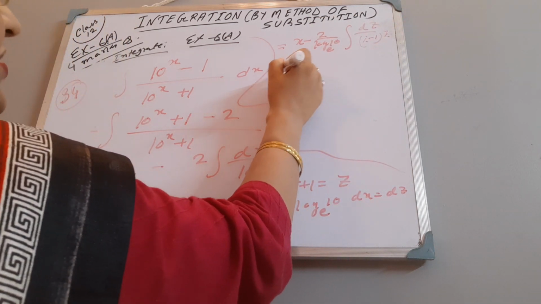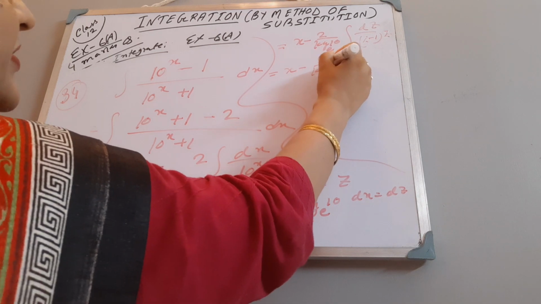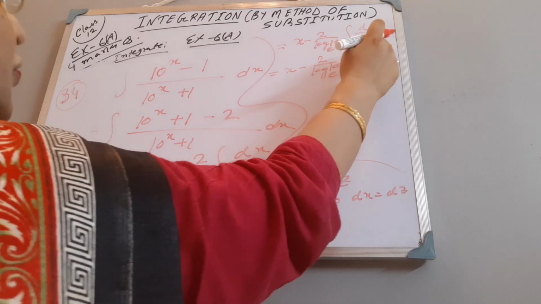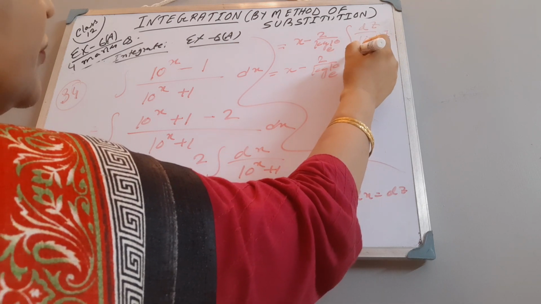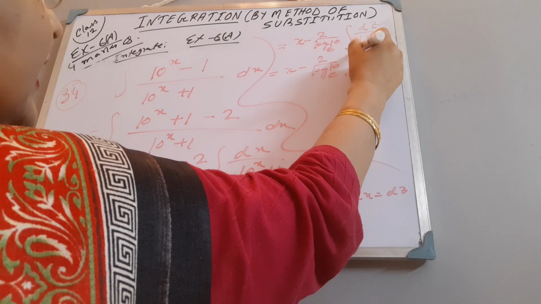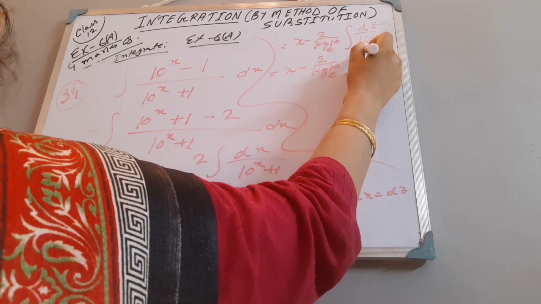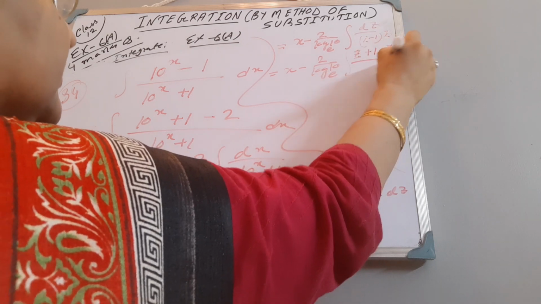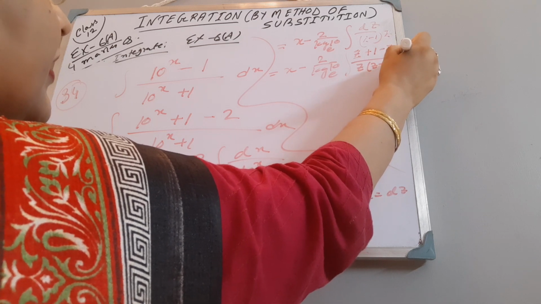Okay, so this is coming x minus 2 log 10 to the base e integral z minus 1 into z here, and it's better to write the numerator part as z plus 1 minus z, then z into z minus 1, dz is there.